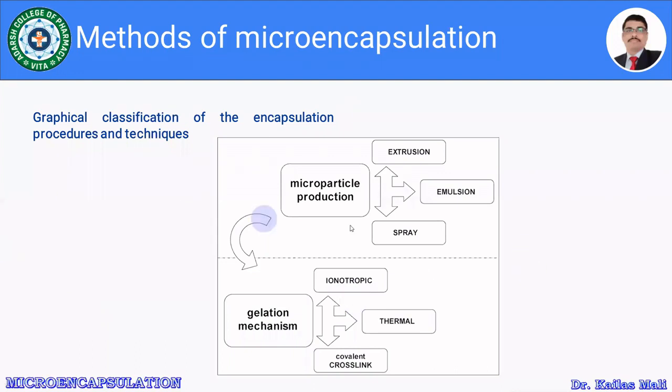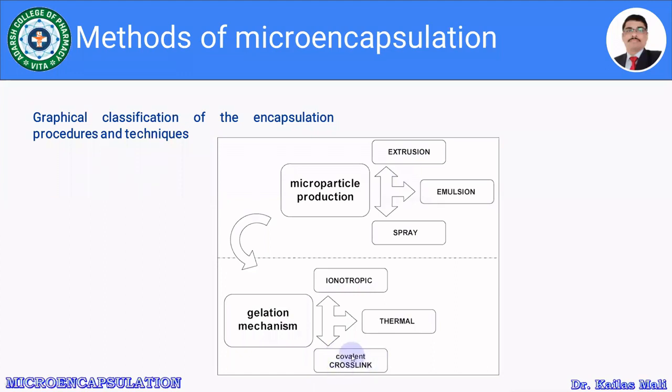Microparticle production can be done mainly by three processes: either extrusion, emulsion, or spray drying. And the gelation mechanism which is used may be ionotropic, it may be thermal, or it may be the formation of a covalent crosslink.